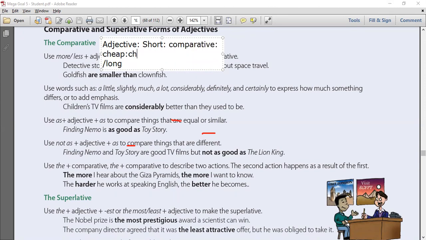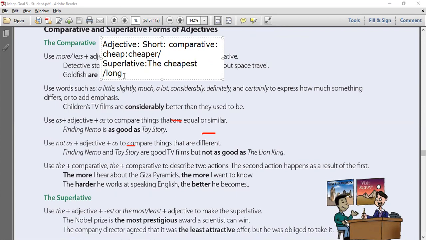Yes, cheaper. Thank you. Okay. What about the superlative form of the adjective cheap? I'm going to say that this thing is cheapest. Thank you, Rahaf. The cheapest. Very good. So, est and the.